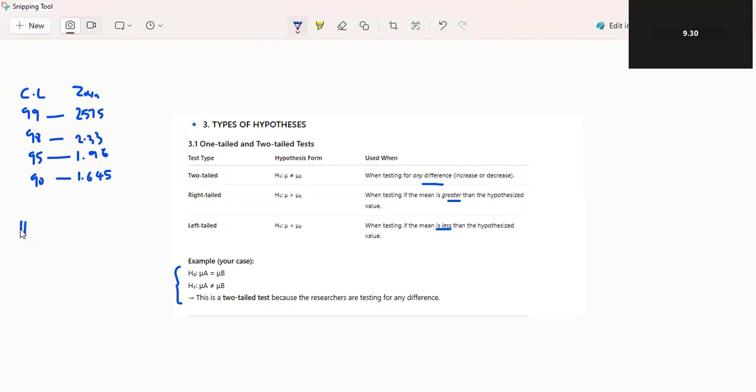Suppose we're given our null hypothesis that our mu is 100, and our alternative hypothesis, our mu is not equal to 100.